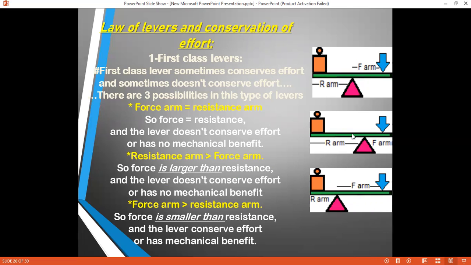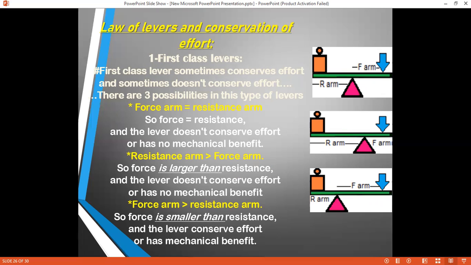Second picture, as you can see, the resistance arm here is more than the force arm. So this lever doesn't conserve effort either. What do you think if the force arm is more than the resistance arm?